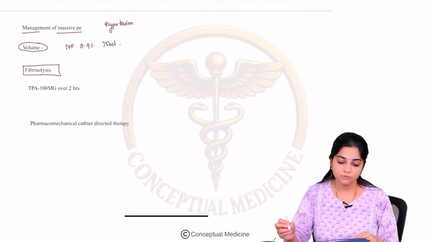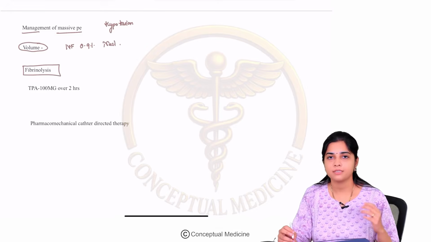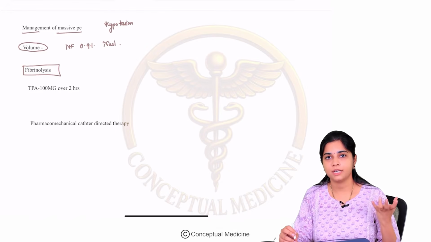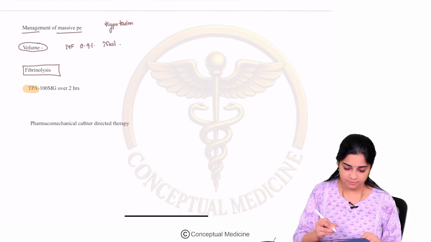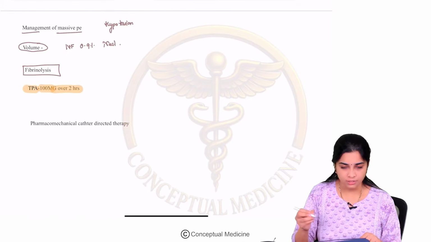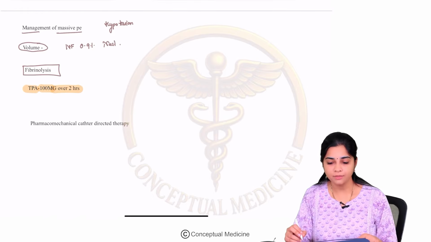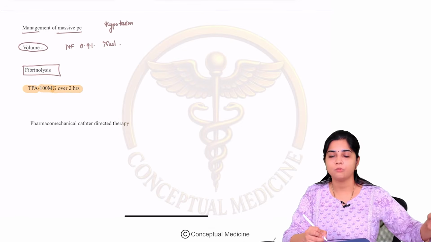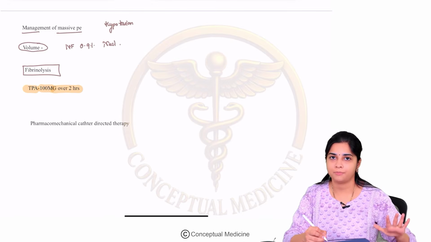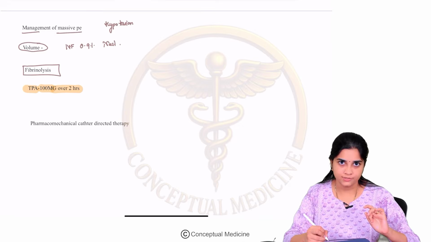Okay, and the drug of choice for fibrinolysis, similar to how we use fibrinolysis in your acute stroke or in your acute MI, you have to give tissue plasminogen activator 100 mg over 2 hours. Okay, so prior to this fibrinolytic therapy, similar to how we have a checklist prior to MI or prior to stroke, here also it has to be followed.